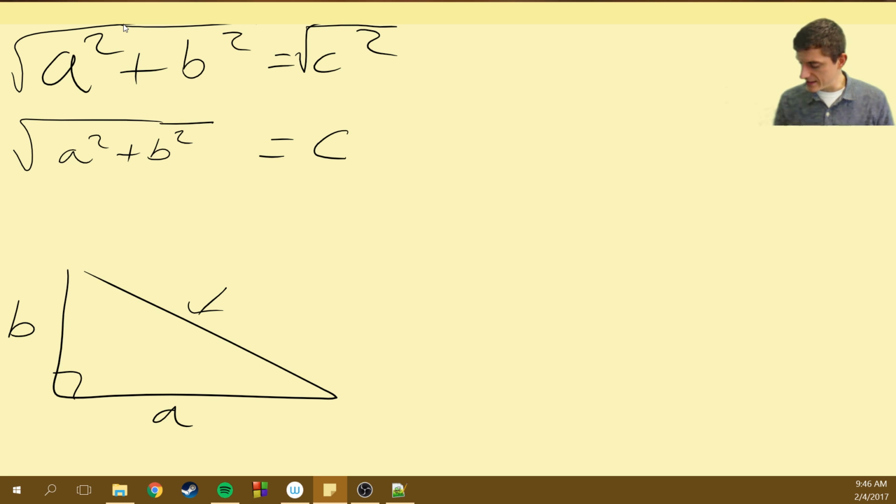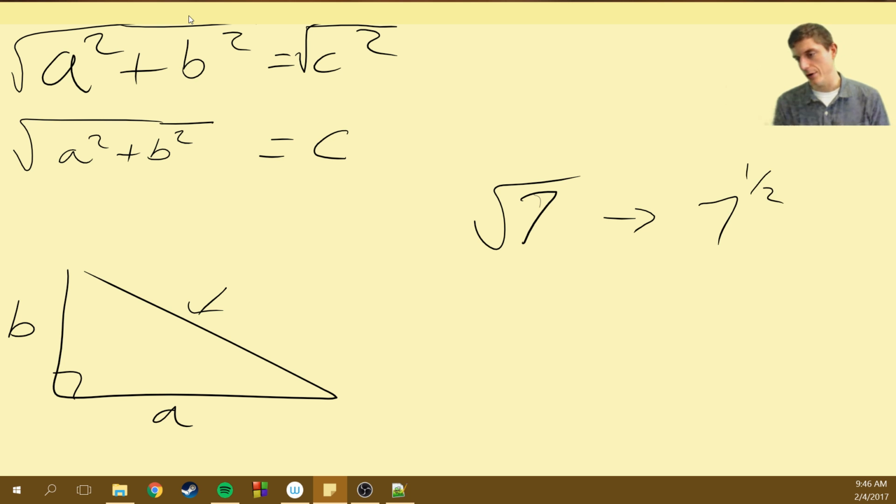Now, it would be a mistake to say that this square root eliminates those squares. So I'm going to have to just leave that all together. Now, one thing that maybe you didn't know is that the square root of 7 is the same thing as 7 to the 1/2 power.